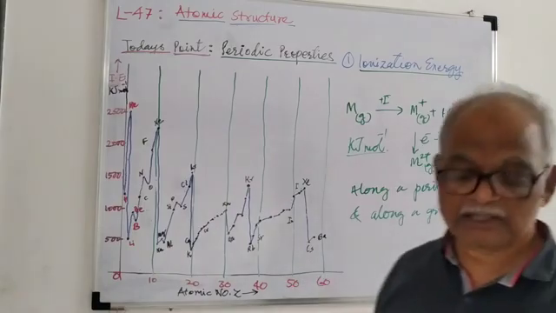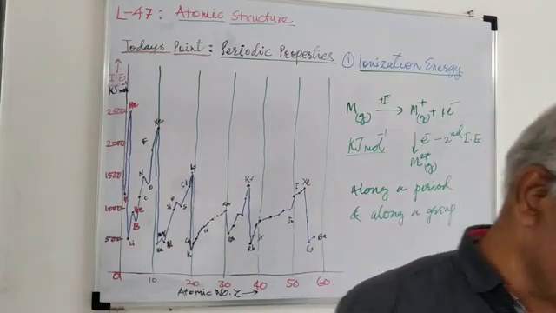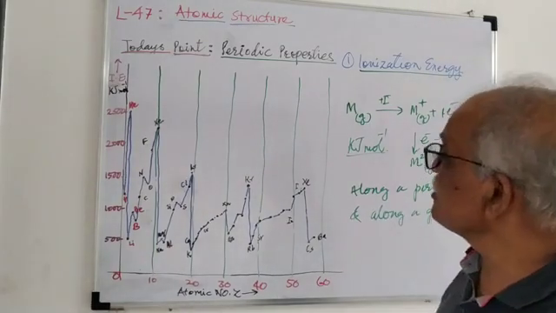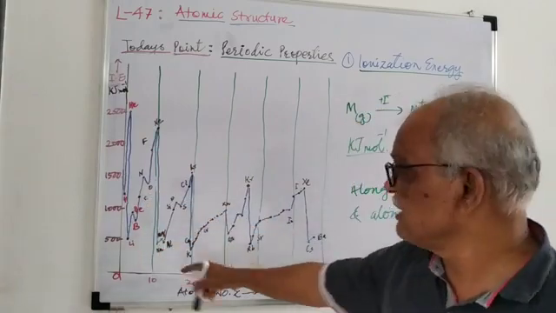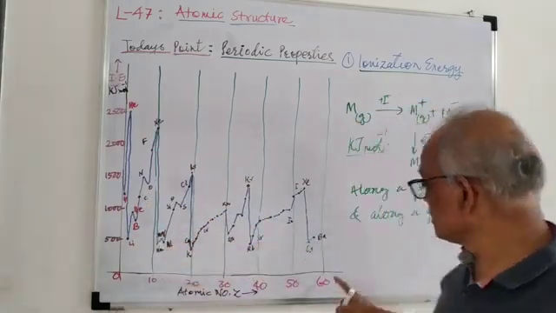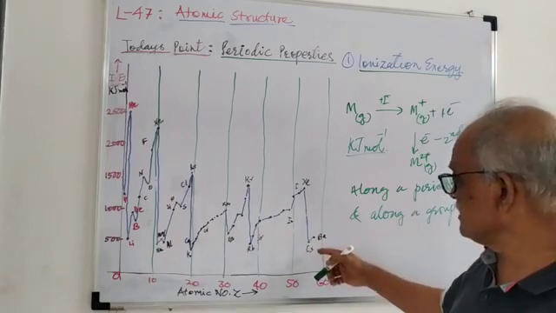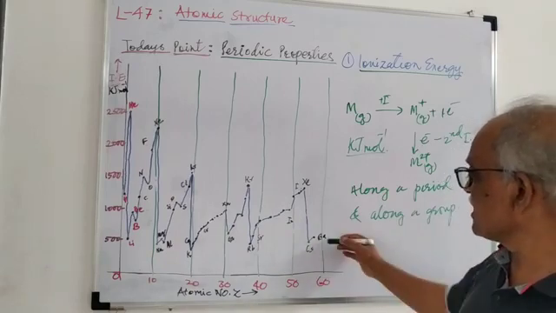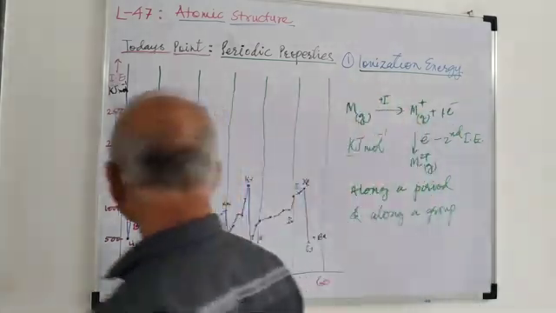So we can see such two types of trends here. Then you can see what the observation is. When we plot the ionization values of elements starting from hydrogen to about cesium, we can find the various trends in ionization energy.